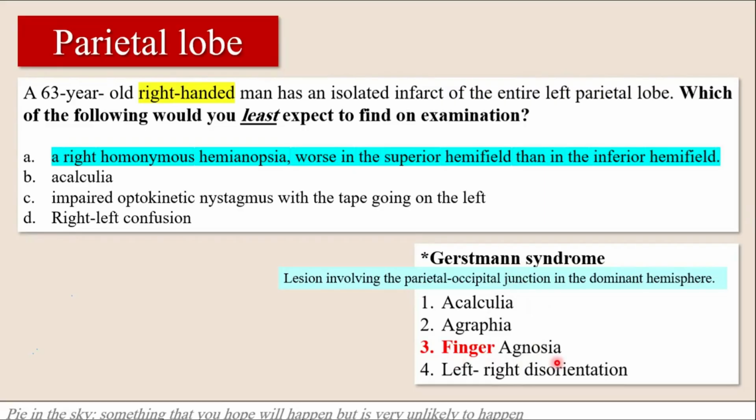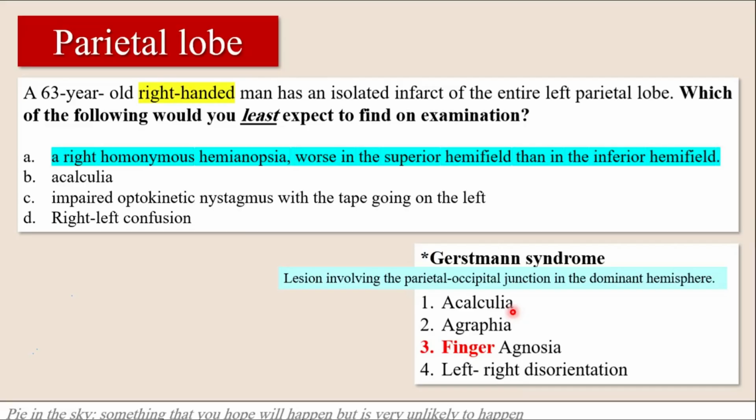So there is a difference. It's not enough to just memorize. You have to know, because you may be confronted with such a patient. So what's the meaning of, for example, acalculia? You are not in school trying to pass the exam and that's it, trying to memorize things without understanding.